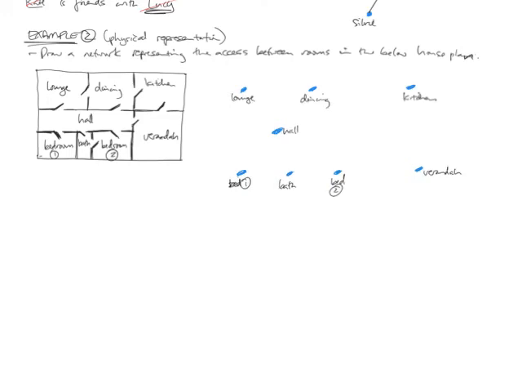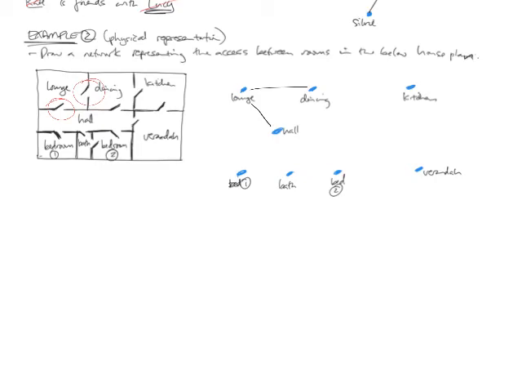So what I'm saying here, and what I've repeatedly said, if the thing exists physically, if you've got a drawing, try to place the nodes in similar places to where they are on the drawing. This will help you out a lot. So the lounge has a door to the hall, so there's access between them. The lounge has a door to the dining, so there's access between them.